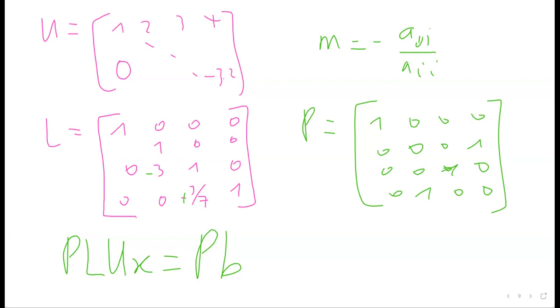So we have PAX equal to PB. Your PA you can write as LU.